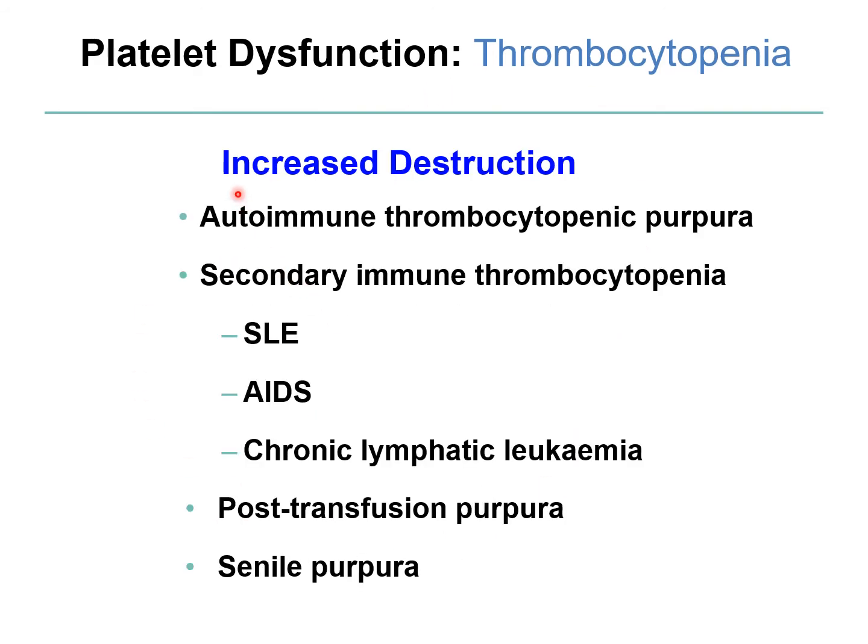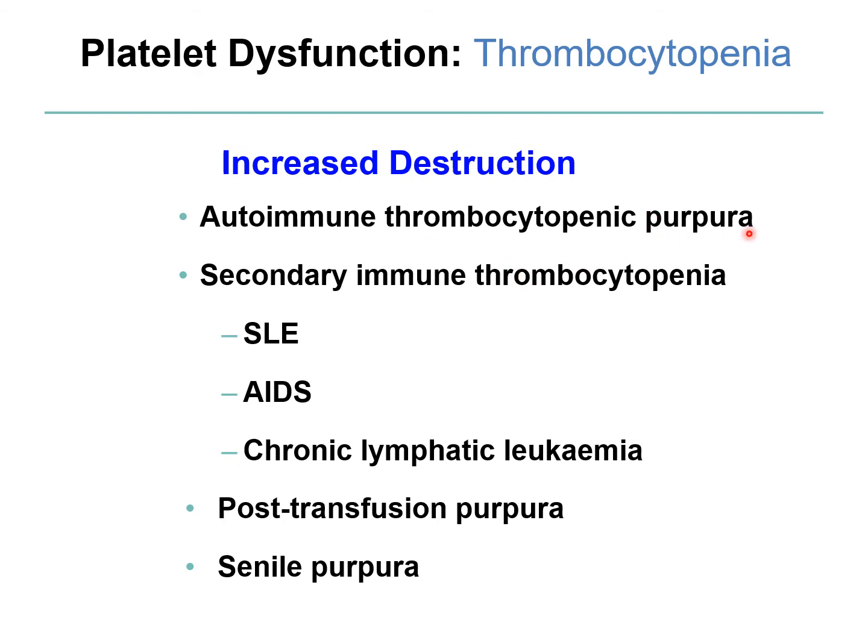The second category of thrombocytopenia is related to increased destruction of platelets, the commonest one being autoimmune thrombocytopenic purpura or idiopathic thrombocytopenic purpura, a disorder in which the immune system destroys the platelets. It can be seen in children as well as adults.